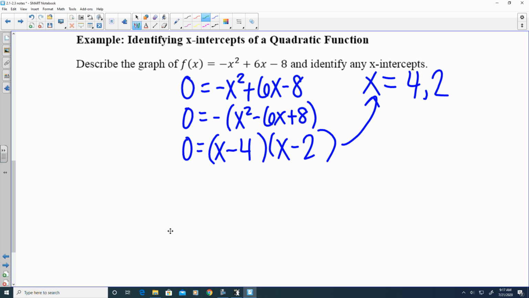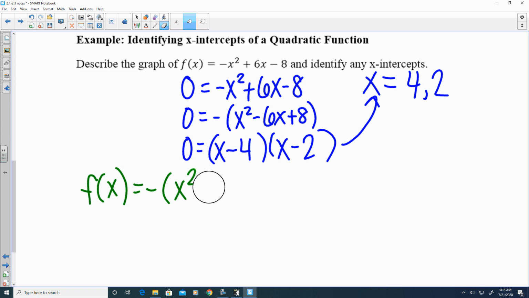Let's go back to the original. The first step we're doing is looking at the first two terms and what number can I pull out of the first two terms. That's going to be that negative. We don't want that negative inside the parentheses when I'm trying to complete the square. So that makes this -6x.